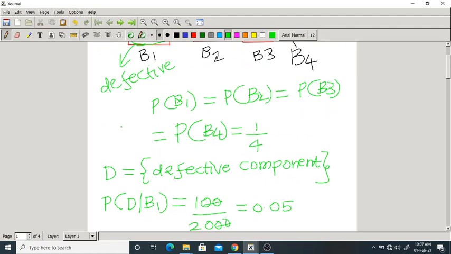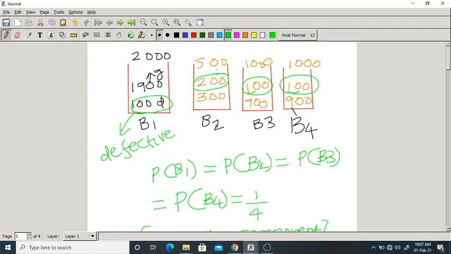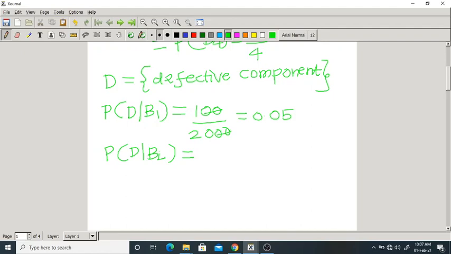In the second box we have a total of 500, among them 200 are defective, which means 200 by 500, that is 0.4.